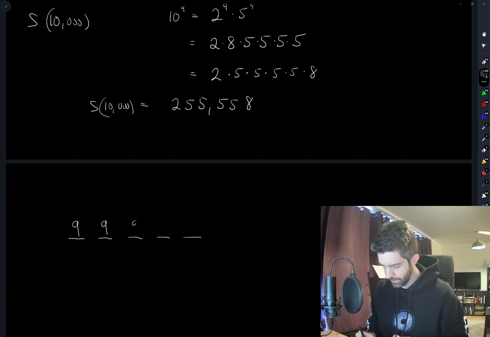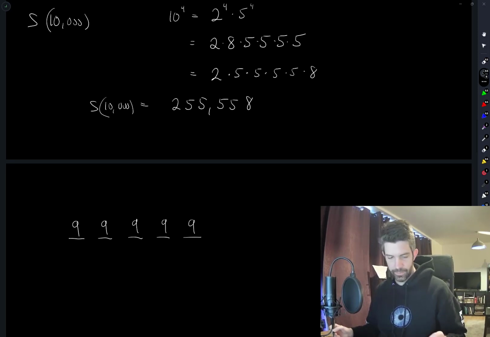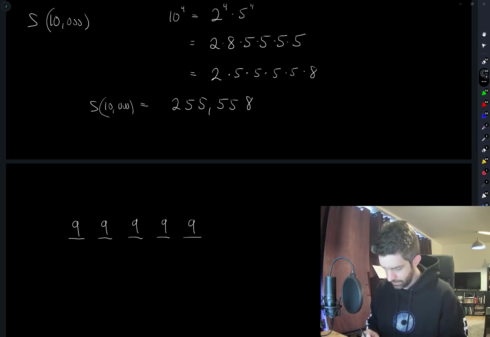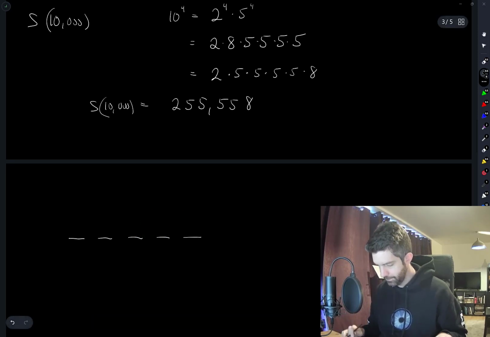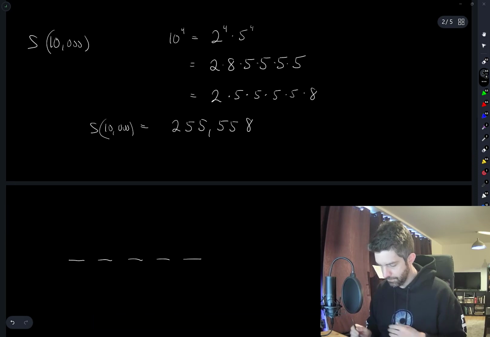Well, the largest number I can put here is 99999. Is that product less than 10,000? No, it's 59,000. Okay, so this has to be a lot smaller. 10 to the 4.